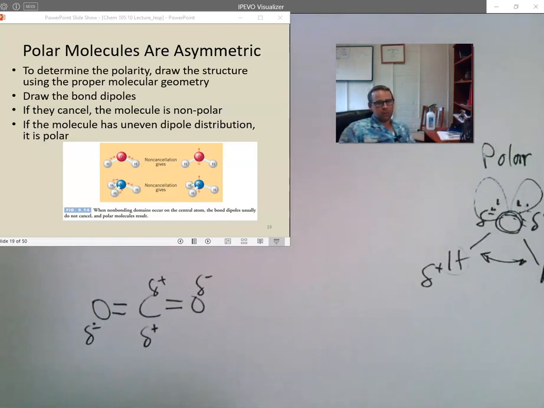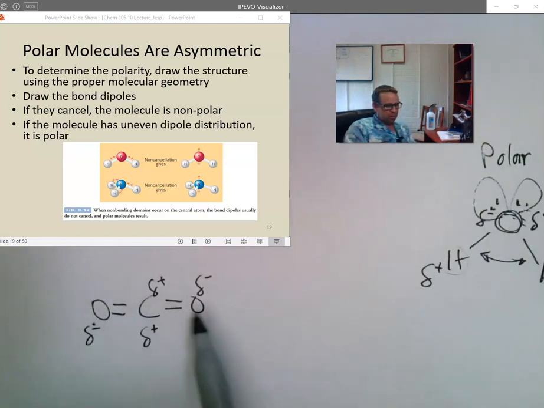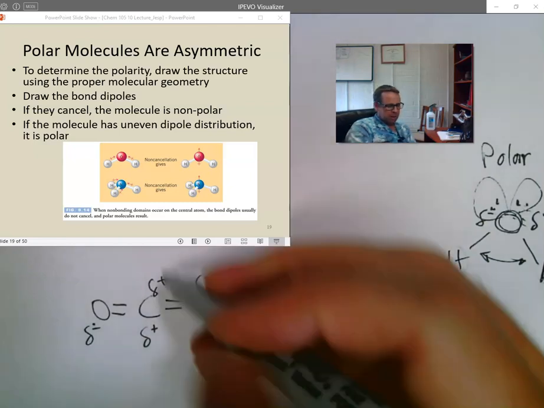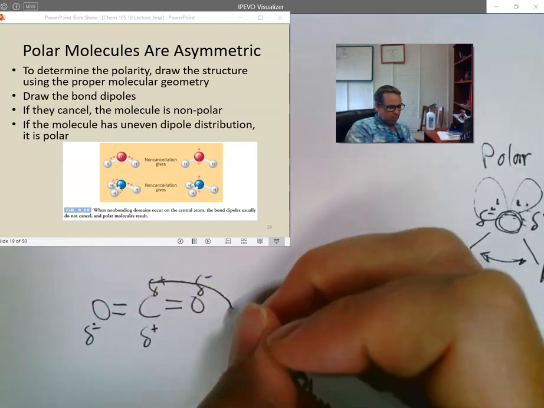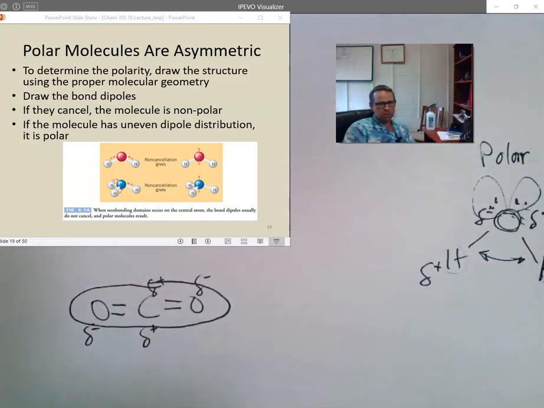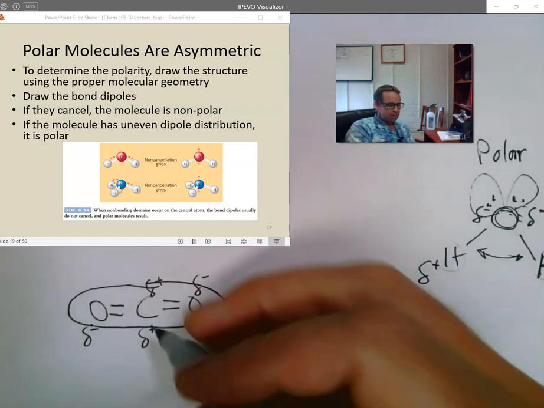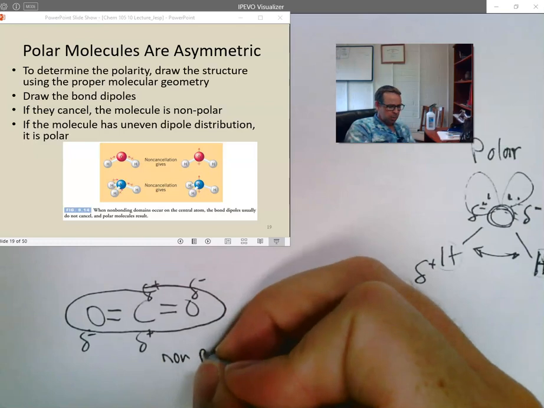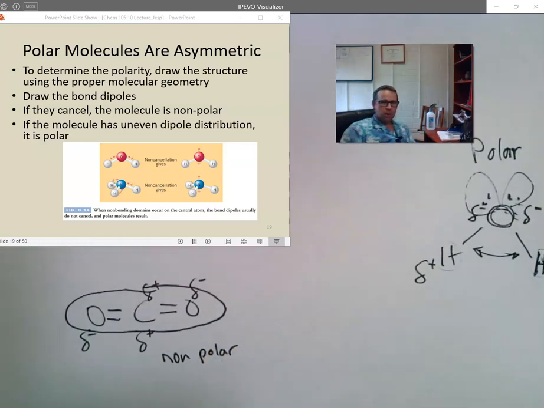Now, although these bonds are polar bonds, because the resulting shape of the compound is symmetrical, it results in a compound that is still non-polar. All right?